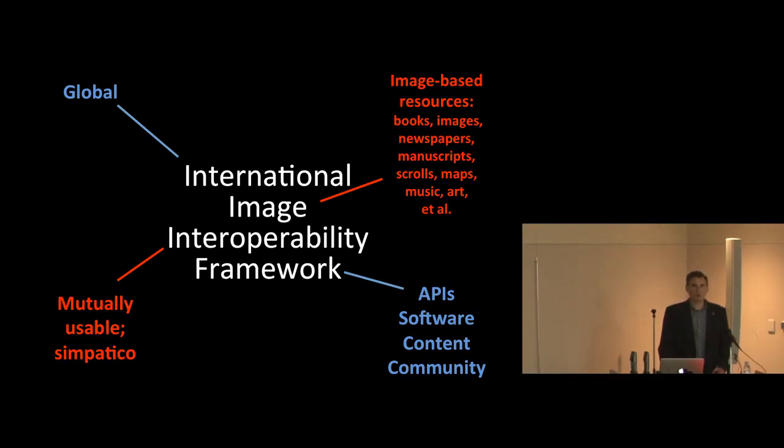By interoperable, we mean things that work together well, things that are simpatico, things that don't need extensive engineering or discussion in order to cooperate. And by framework, we mean multiple things that work together. A set of application programming interfaces, or APIs, software, a set of content that is exposed via these APIs, and perhaps most importantly, a community of people who are working together to advance interoperability.